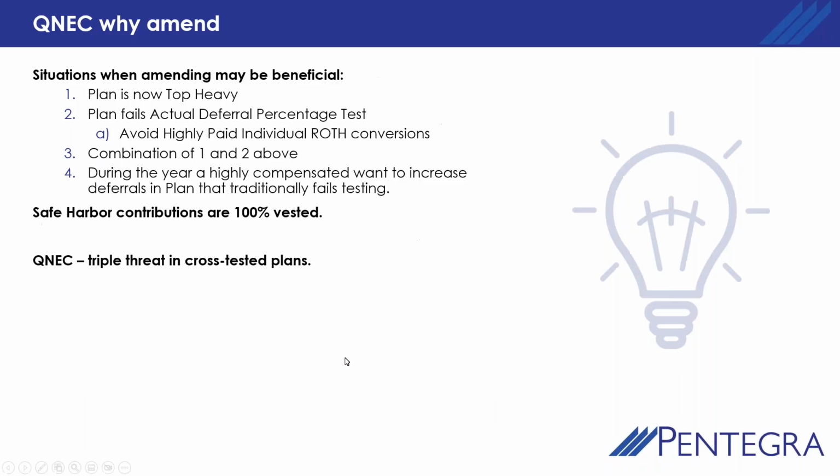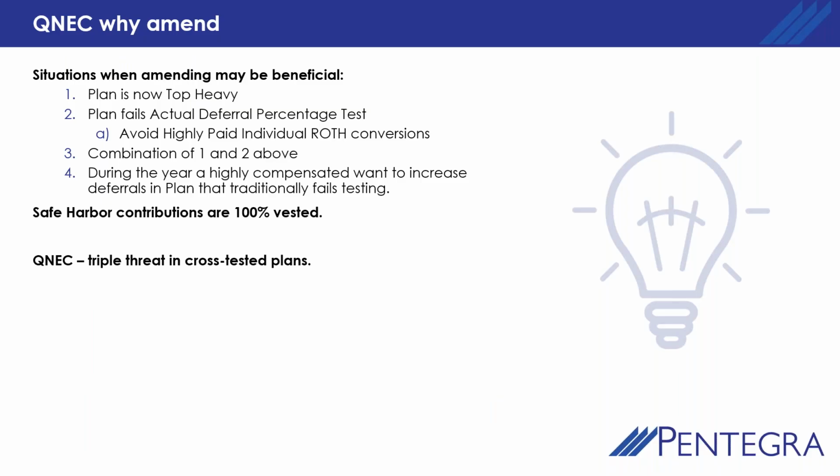So, situations when amending can be very beneficial. If you find out that a plan is top heavy, when a plan goes top heavy, there is a minimum 3% requirement on contributions. And if you amend to a safe harbor, then it satisfies the top heavy and it gives a pass on the actual deferral percentage test.